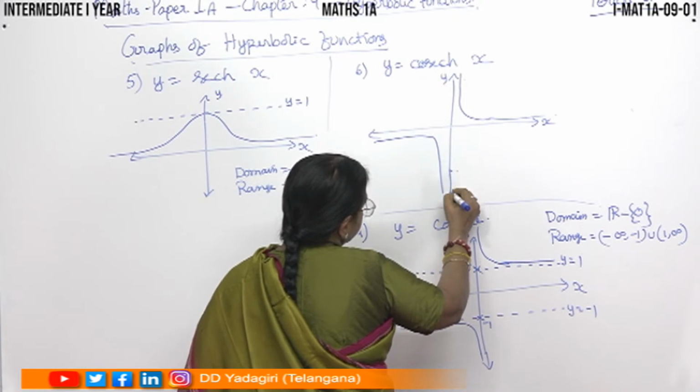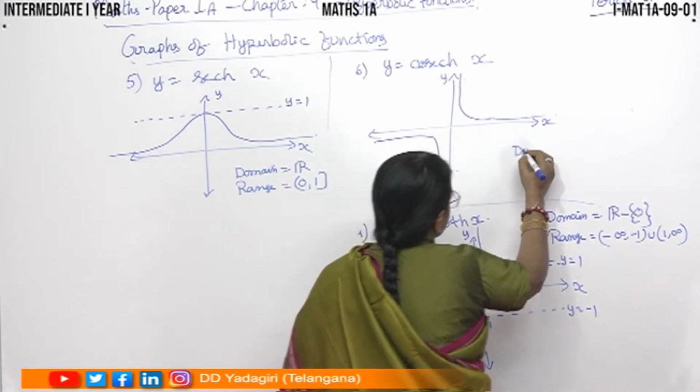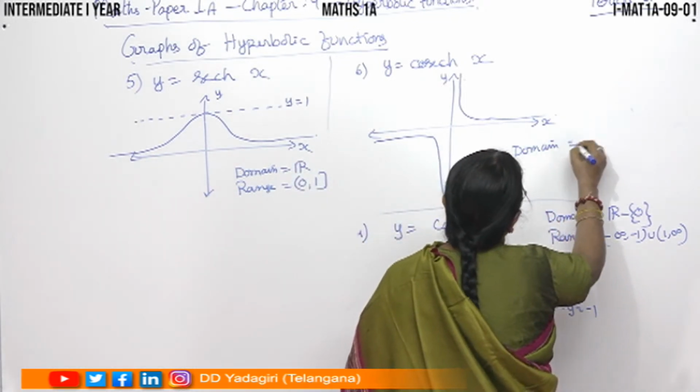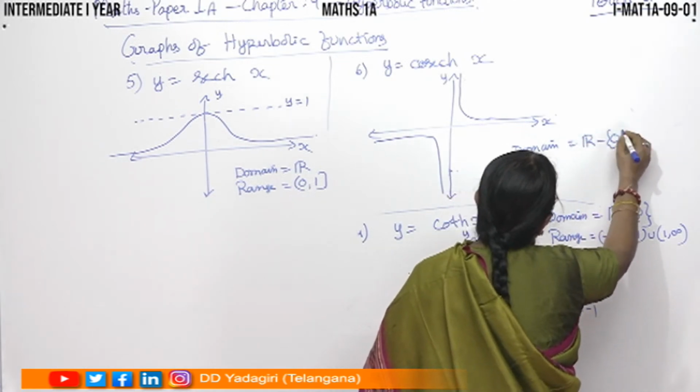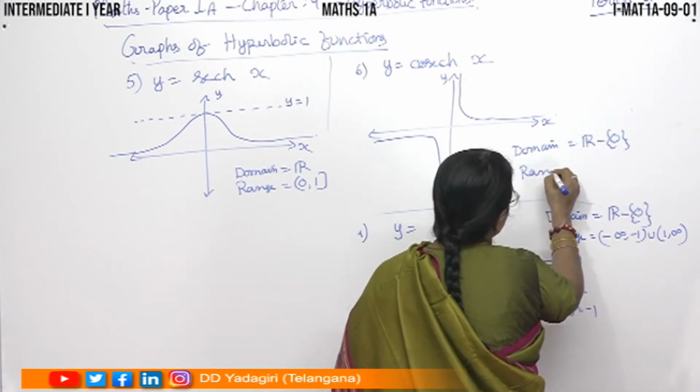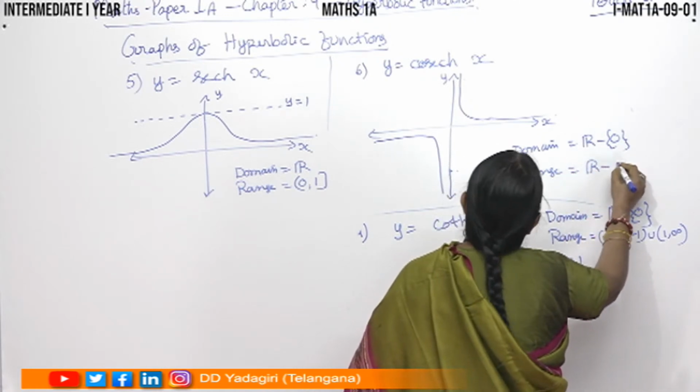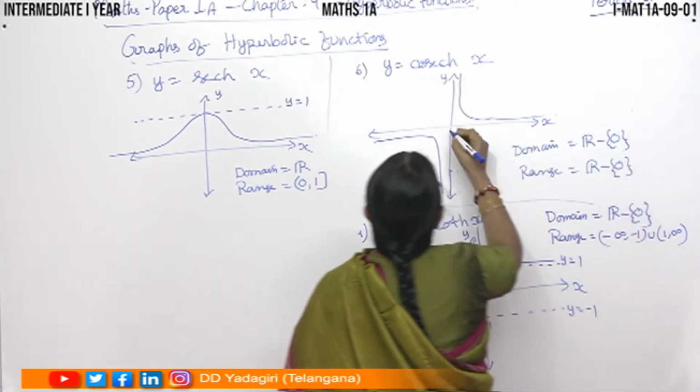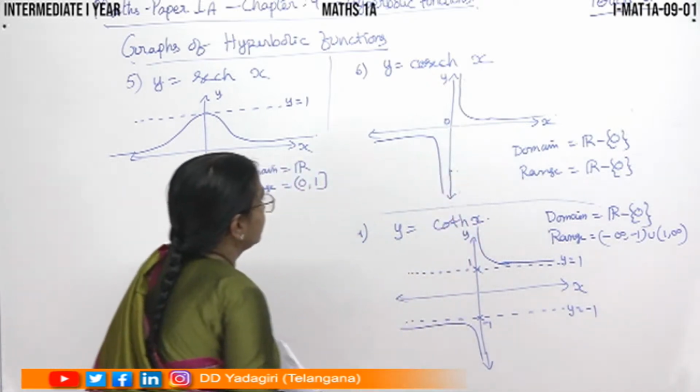Touch at infinity. So here the domain is the real number set minus 0, and the range is also the real number set minus 0. The origin is not included.